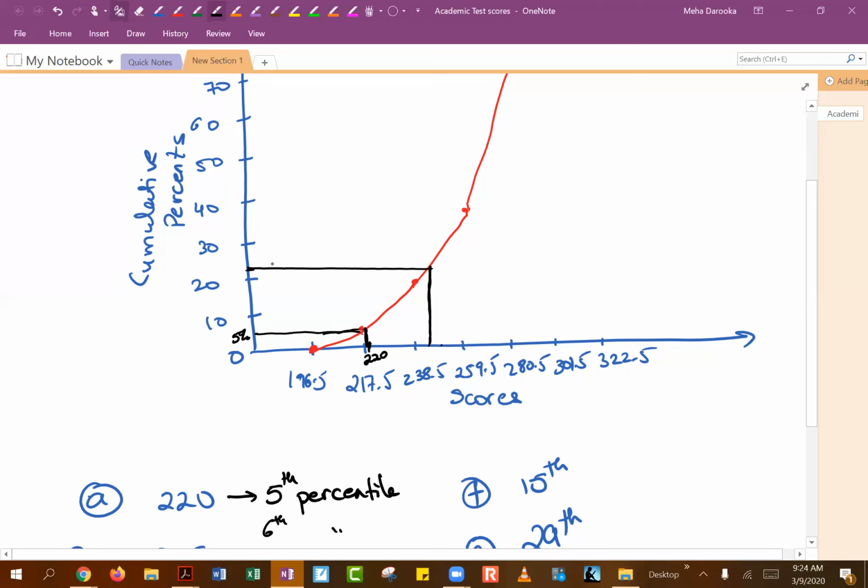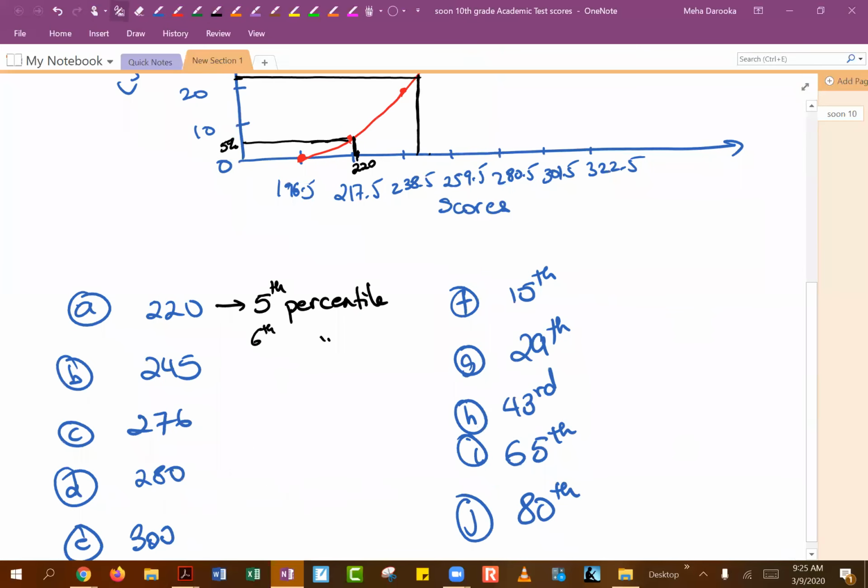What would that percentile rank be? It looks like about a quarter of the way. So yeah, maybe 23. Remember again, these are not percents, they are percentiles.